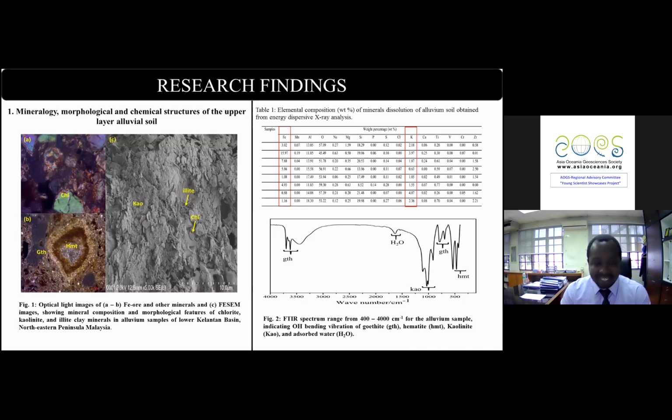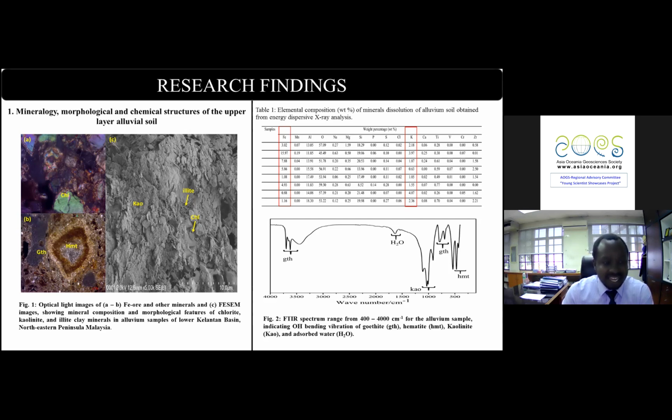Figure 1A and B is optical light images for iron ore and other minerals. Iron-bearing minerals observed under optical light images in these studies are chlorite, goethite, and hematite. Thin layer of chlorite coatings were clearly seen on the grain surfaces.